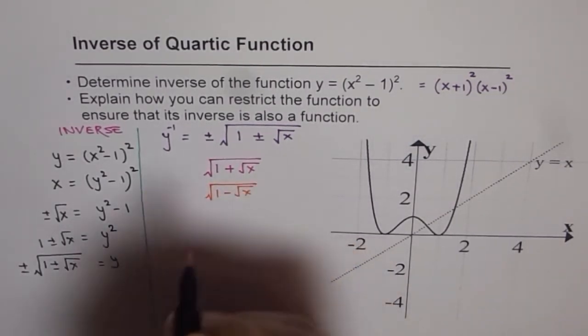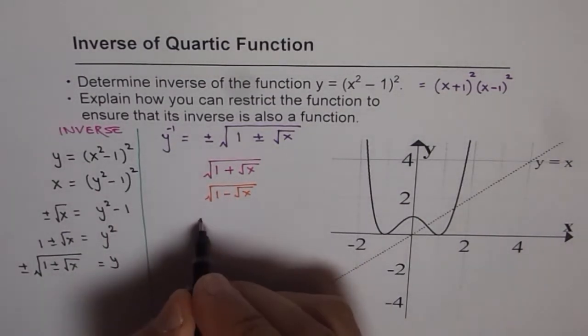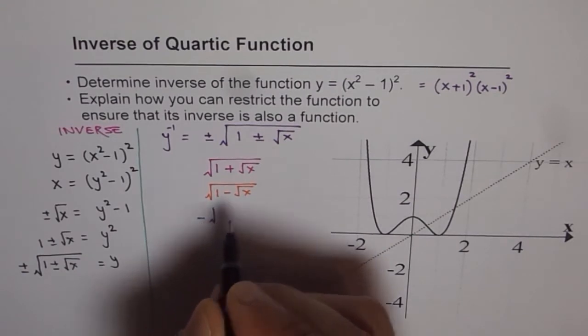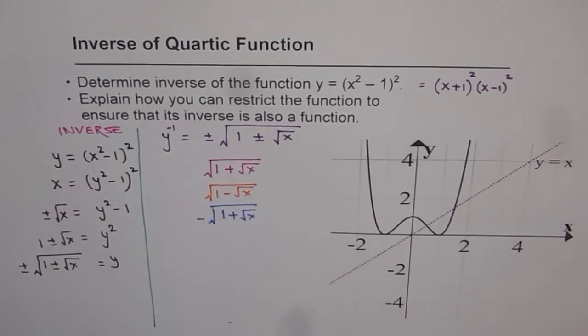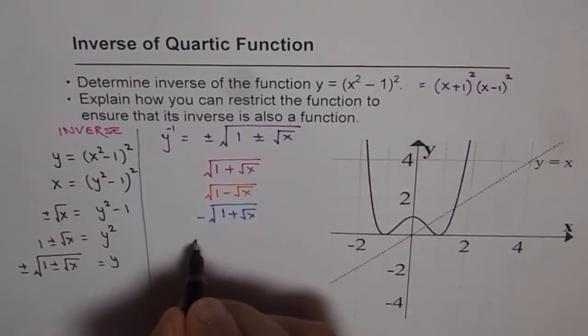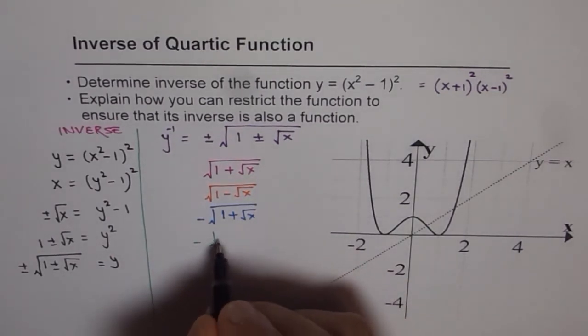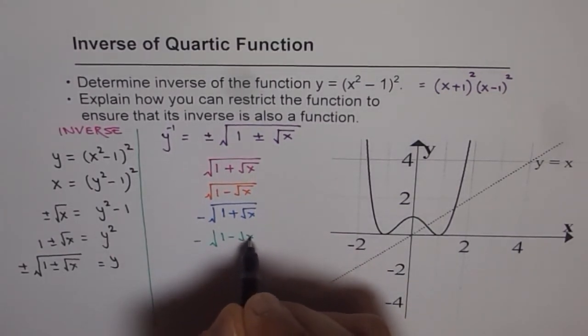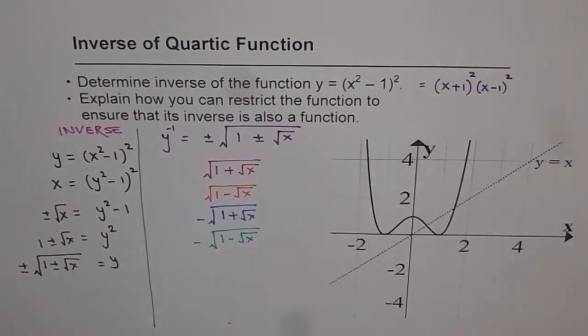And for the third and fourth functions, let's use the negative sign this time. So negative, and the outside function, which is 1 plus square root of x. And then we'll use the negative with the inside of outside, which is 1 minus square root of x. So basically you'll find that your inverse is a combination of these 4 functions.